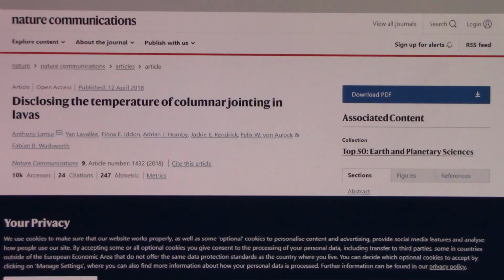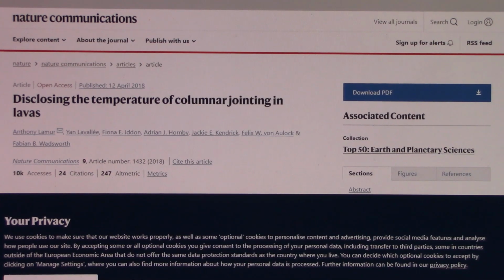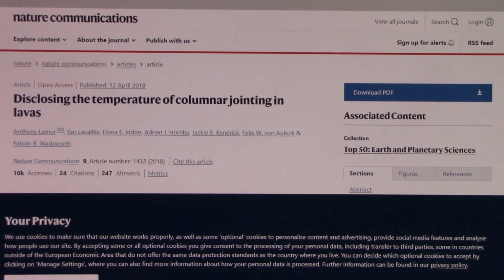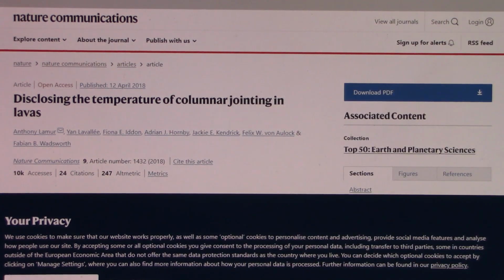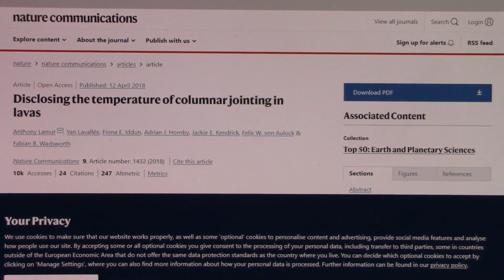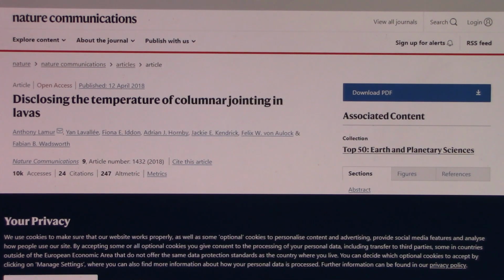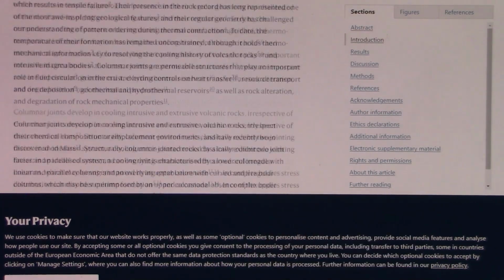Let's move on. Okay, it took me a while to find some science and how this columnar jointing is happening, or how they think it's happening. I believe this was done in Liverpool in a lab, and it was published in 2018, and they pretty much said, oh, we figured out what causes these basalt columns now. So I started reading all this research, going down through all this.